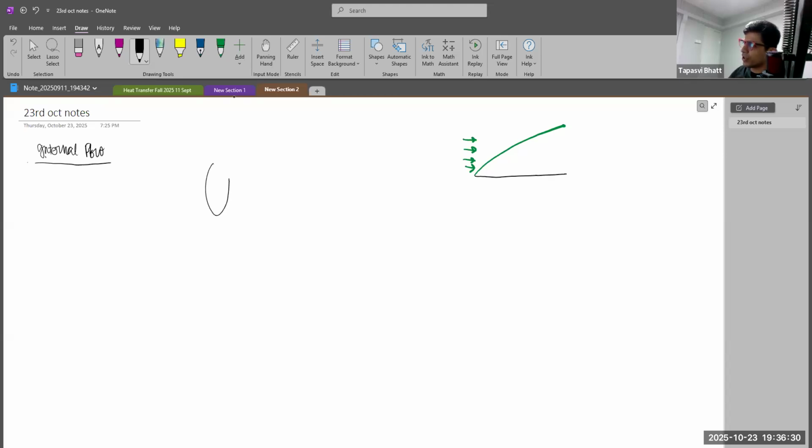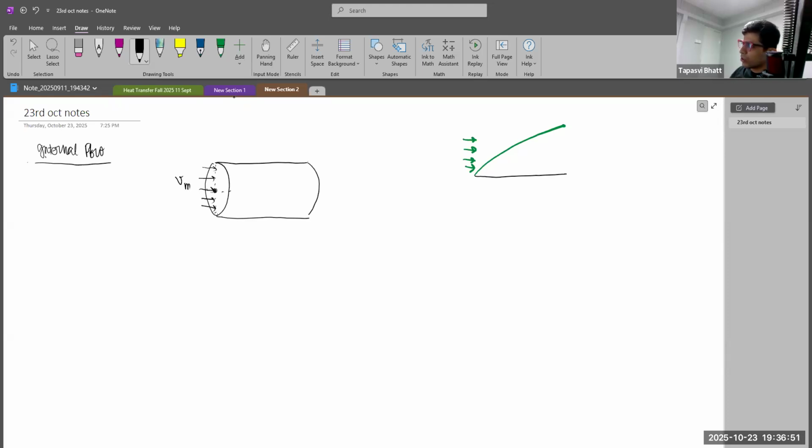So it could be a circular pipe in which we are looking for the flow of the fluid. Initially it all has the same velocity. Okay, it has some velocity, which is called Vm, the mean velocity.